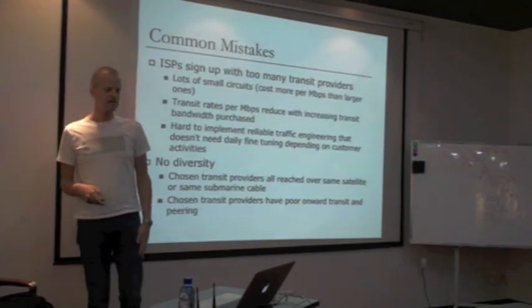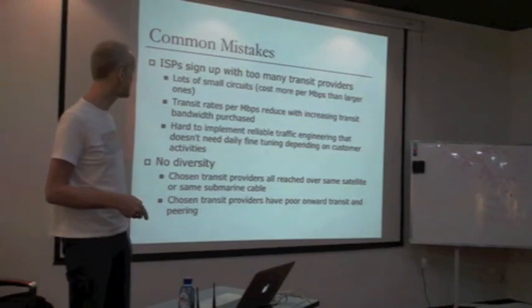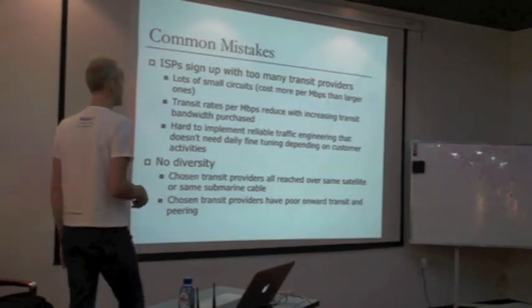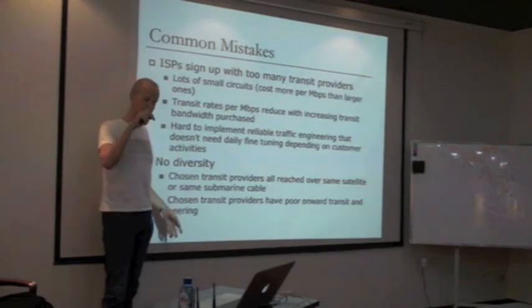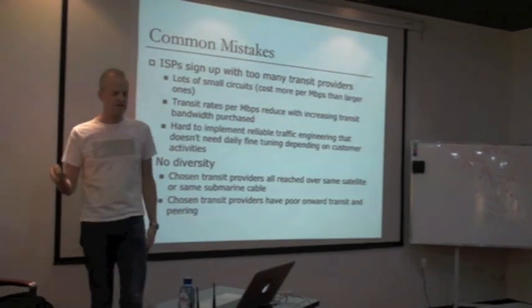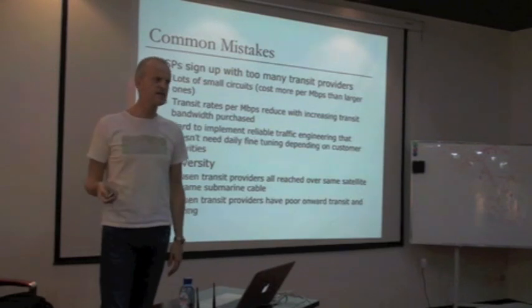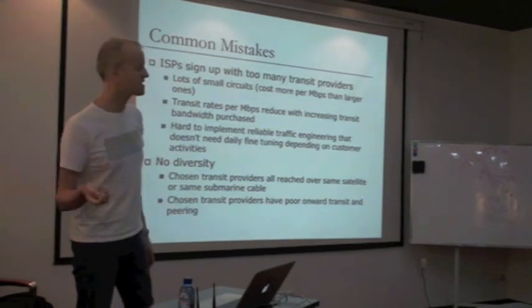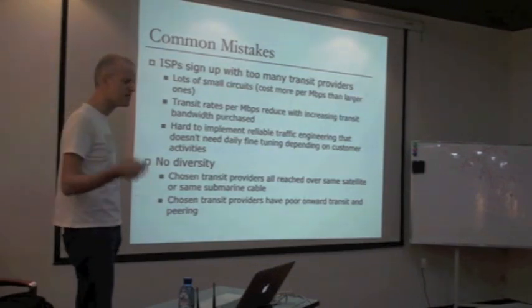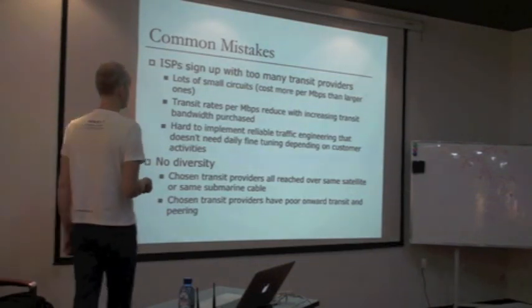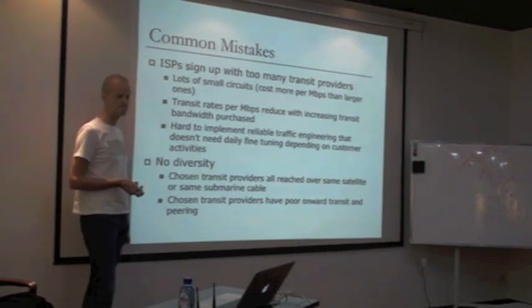So the common mistakes I mentioned yesterday: too many transit providers, or you get transit providers but you don't have diversity, because the transit providers use the same satellite or the same submarine cable or the same overland cable and so on. So choose transit providers that have different infrastructure for their networks.